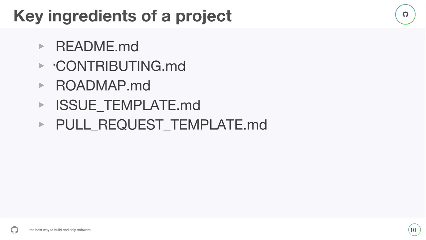The contributing guide is really a way for us to show people how they can contribute to the project. And it goes beyond just like, here's what we need folks to contribute, but it's also what are our processes around contributing? How do we want you to format your contribution? Are there specific style guides that you need to follow?